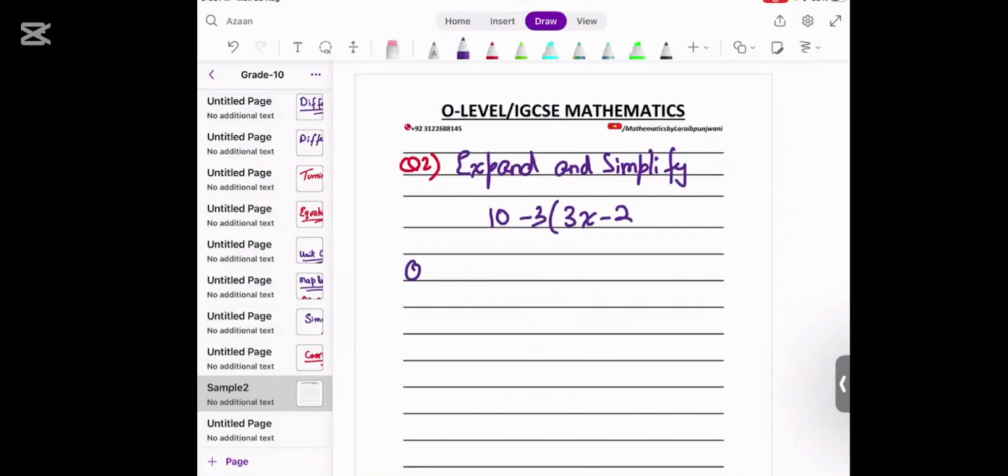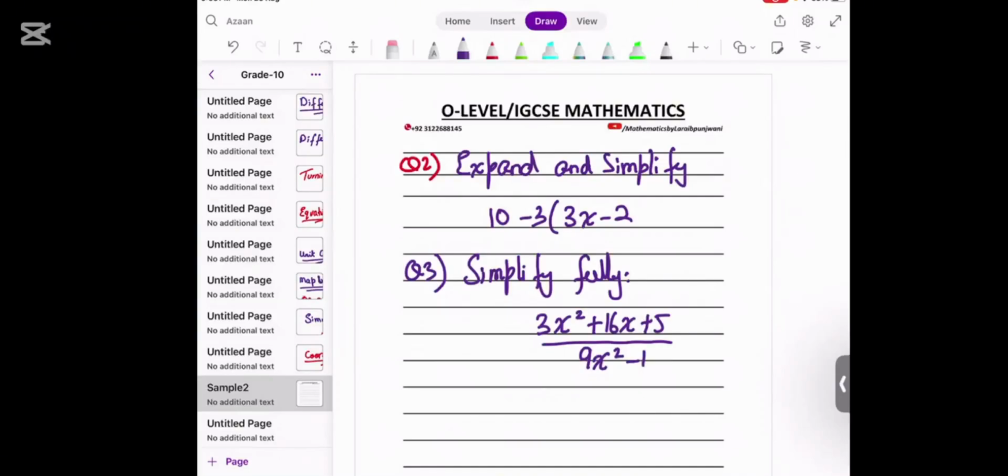And we have another question: simplify fully, in the numerator 3x squared plus 16x plus 5, and in the denominator we have 9x squared minus 1.